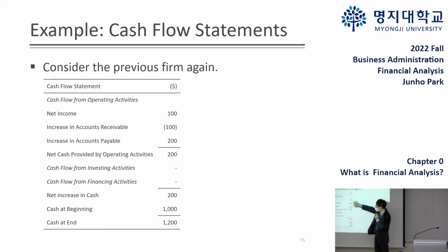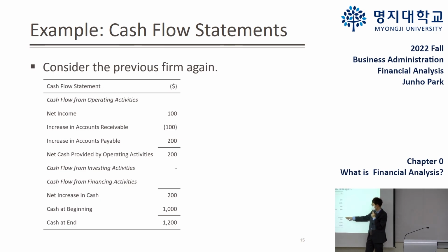If you reflect these 2, then we conclude that the net cash provided by the operating activities is $200. And because we have no investing activities and no financing activities, in aggregate, the net change in cash should be 200 plus 0, which is 200.